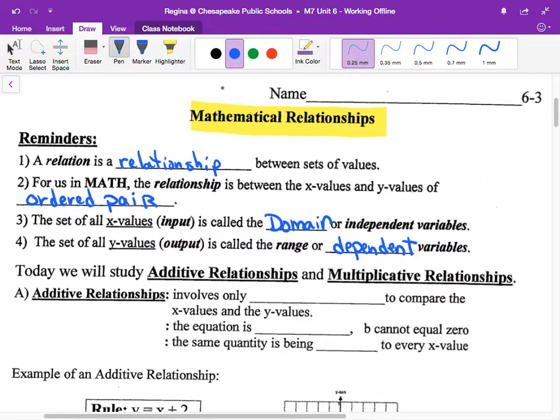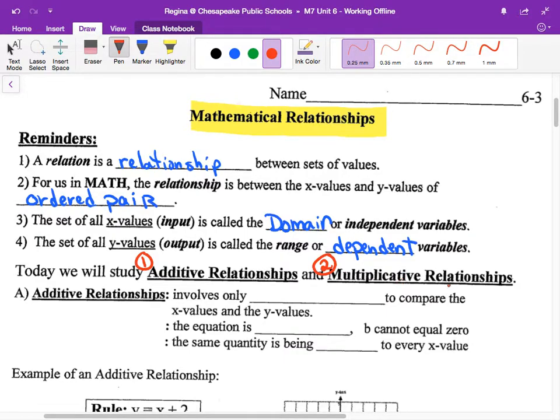Okay, here's the 2 types of mathematical relationships right here. Here's number 1. They're called additive relationships, and the words say exactly what it is. It's a relationship where we're adding something to x to get y. Additive means addition. And then the second one is called, I love this word, multiplicative. That just means multiplication. It's just a fancy way to say multiplication.